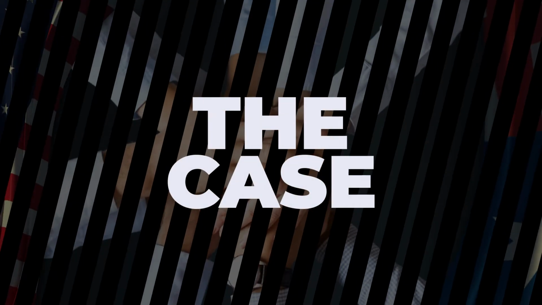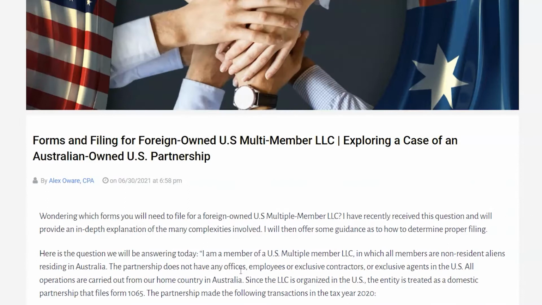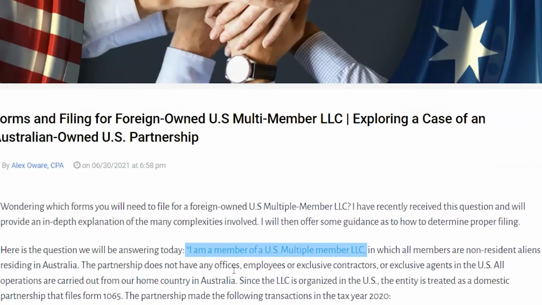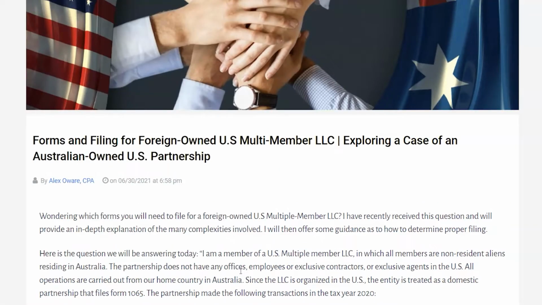All right, so in this case, I received a question sometime back in 2021 where this person who is based in Australia basically said that he's a member of a U.S. multiple member LLC in which all the members are non-resident aliens residing in Australia. Because it's a multiple member LLC, it is considered a partnership.